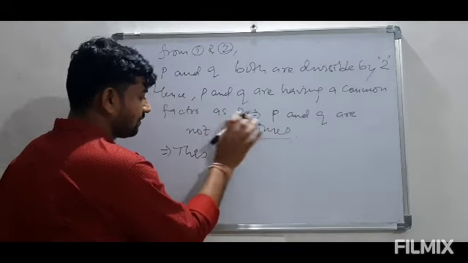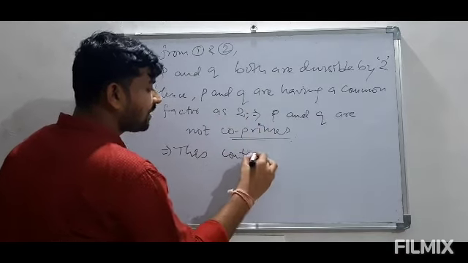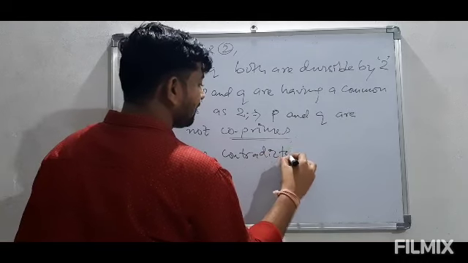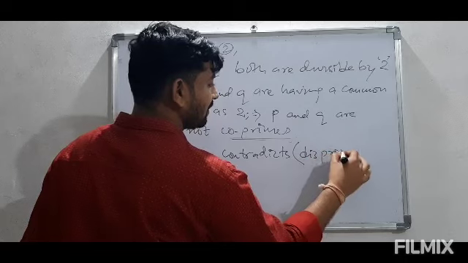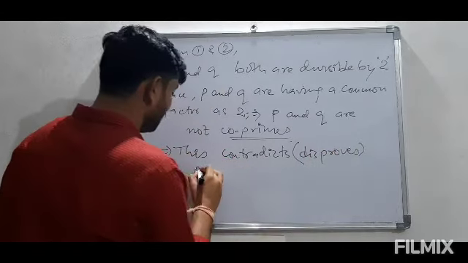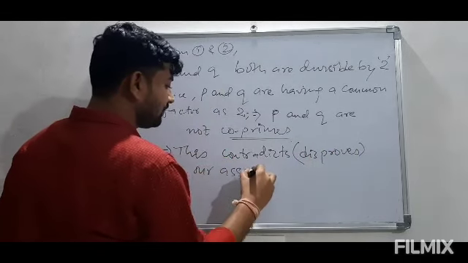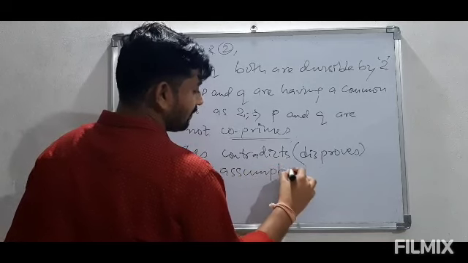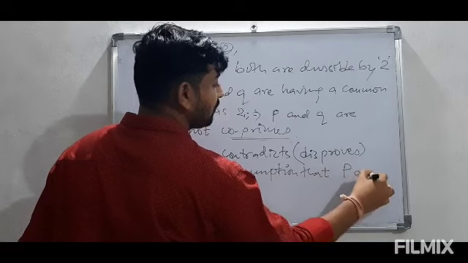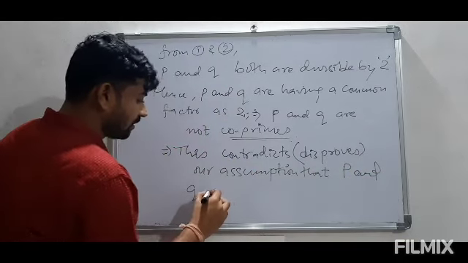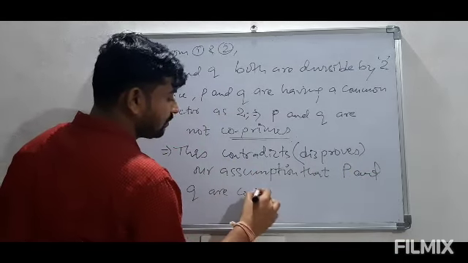this contradicts, or we can write this disproves our assumption that P and Q are co-primes.